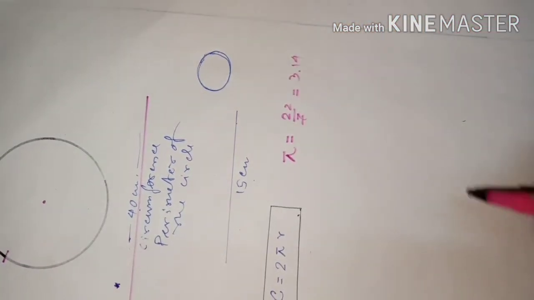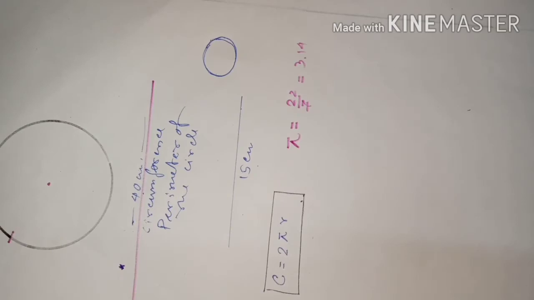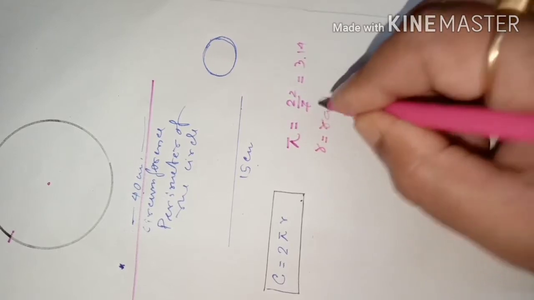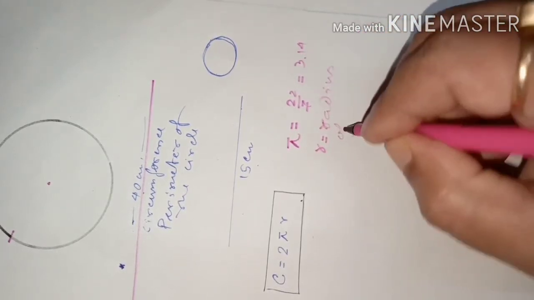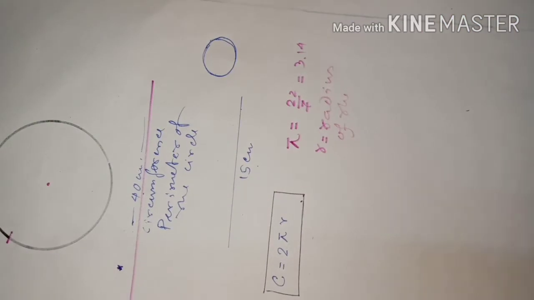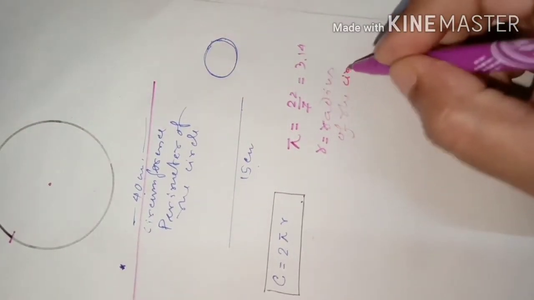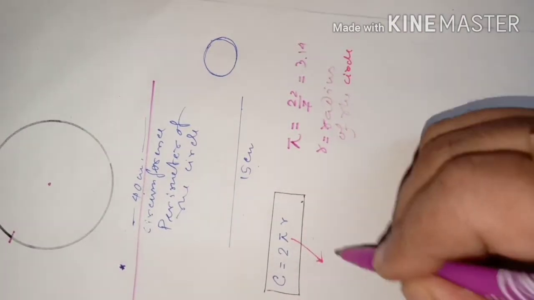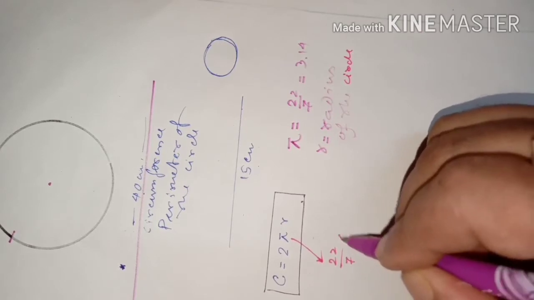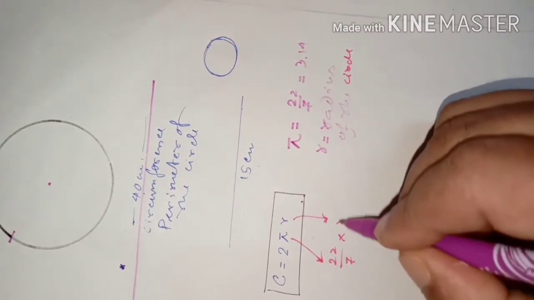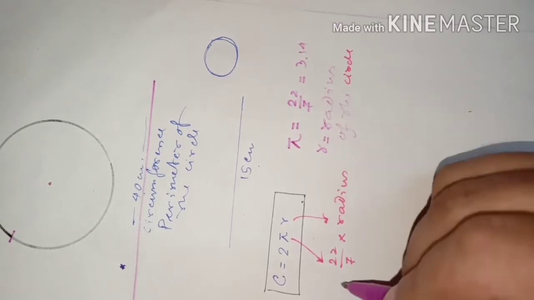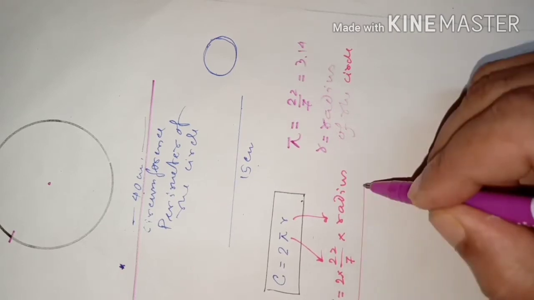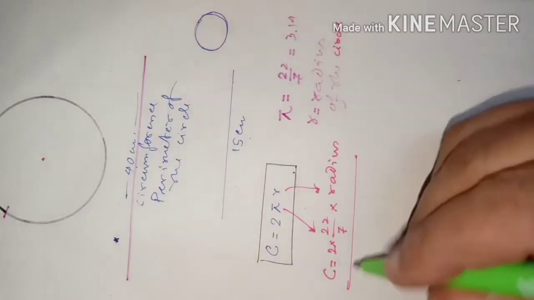And r is the radius of the circle. So pi value 22 by 7 into r, the radius, and this 2 is required, then you will get the circumference of a circle. Remember this. Circumference is given by this formula.